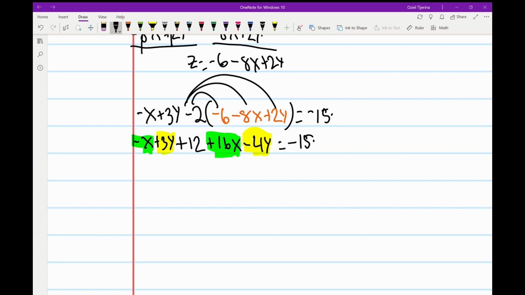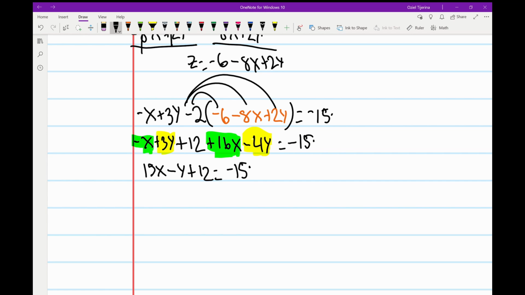So you have negative x plus 16x is going to be 15x, and then 3y minus 4y is negative y, plus 12 equals negative 15, okay?